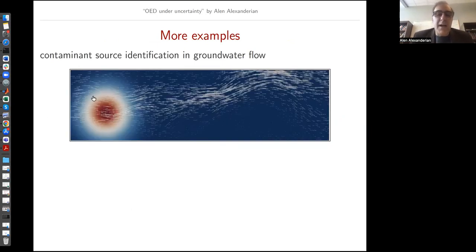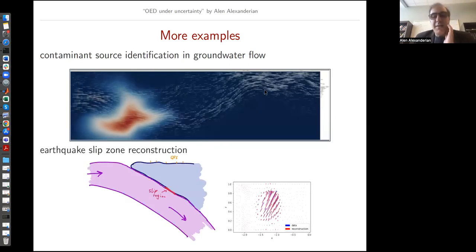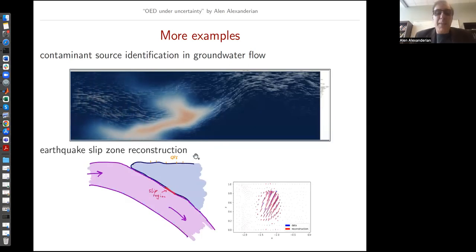Groundwater carries the contaminant, and again the goal would be to take some measurements of concentration later in time at some points, maybe some monitoring wells, and see if we can estimate where this contaminant originated. That's a related inverse problem, just to give us more insight. This is a nice video, but okay.